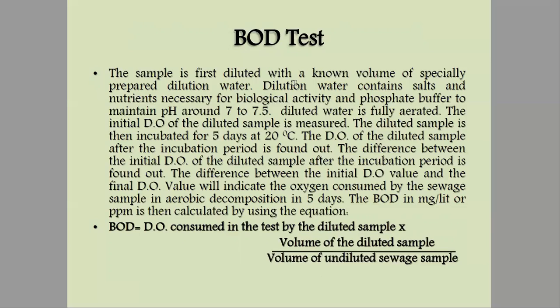There we studied dissolved oxygen, then started with biochemical oxygen demand, and studied why we need to know it. Now we are at the phase to know the process in the lab, how we calculate the biochemical oxygen demand.